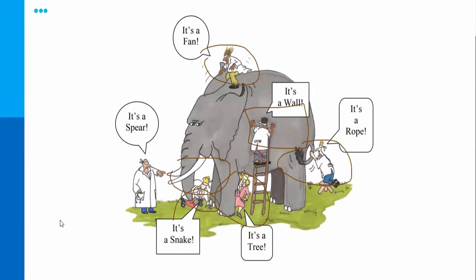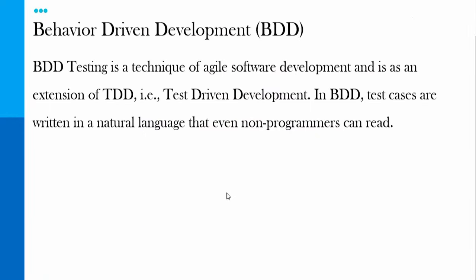So to solve this problem, they came up with an idea called BDD. Again, I hope you are all aware of the manual testing process. In the traditional manual process, SDLC and all, there is the V model, the waterfall model, a lot of models, and it has its own problems. Then came Agile.